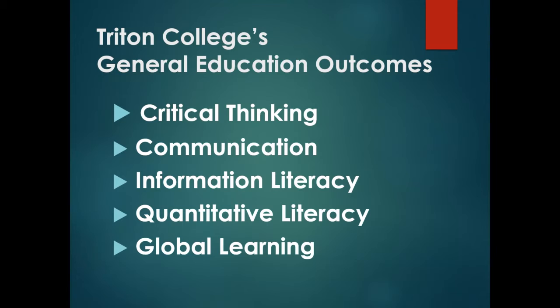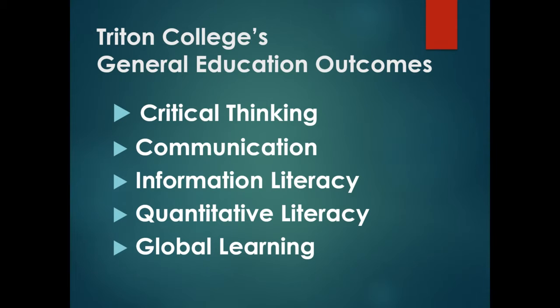The shorter version is that every year we need to assess one of these 5 things. We'll talk more about what that process looks like in a second, but we assess it, we figure out the areas in which we're doing well and the areas in which we need some improvement, and then we close the loop. And that's exactly what this presentation is that you are attending right now. This is the loop closing.